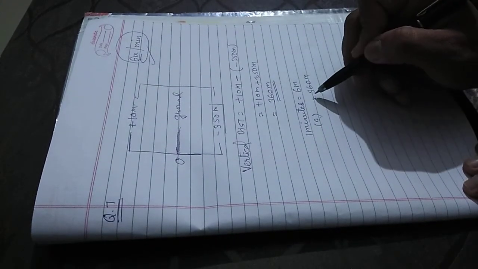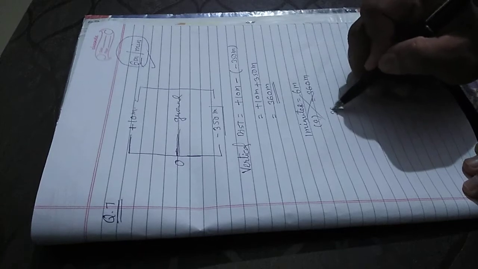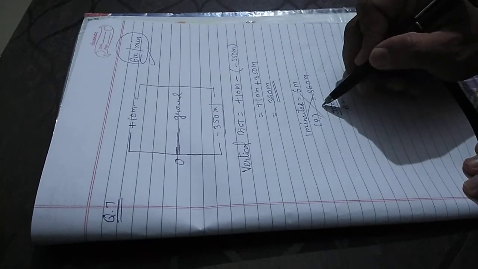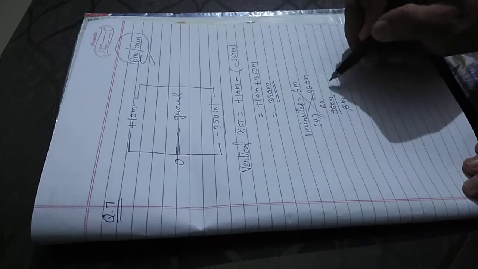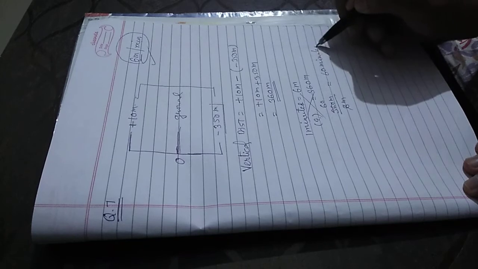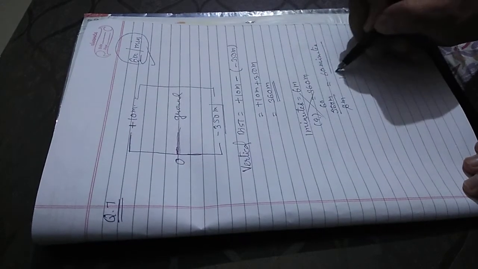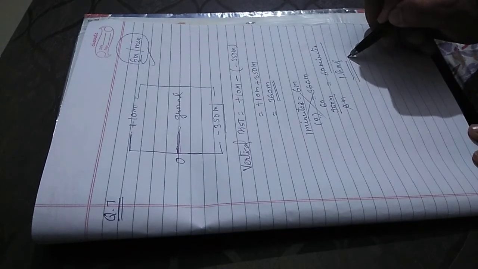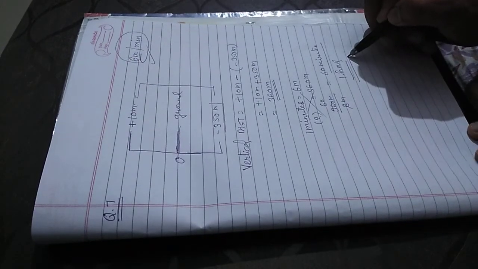Then do cross multiply. So 360 meters upon 6 meters. 6 6s are 36, so the answer is 60 minutes, or we can say 1 hour also. Okay, thank you very much. Now chapter 1 is over.